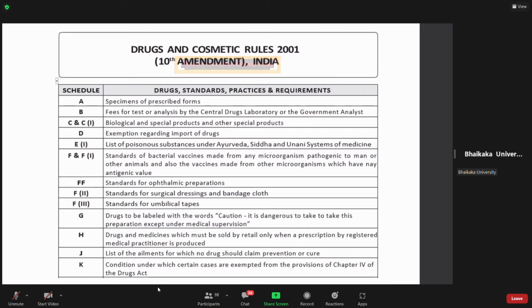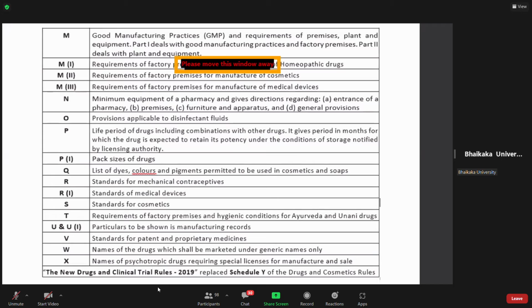Okay, so for storage, sale, dispensing, and for the prescription of the medicines, there are many schedules, the name and their importance, and under each heading there are many rules related to that particular matter.